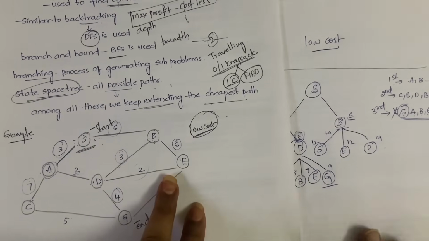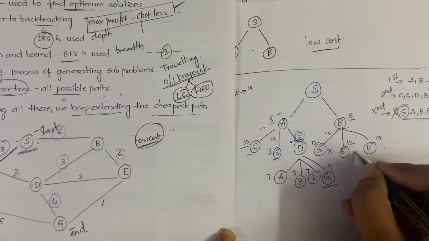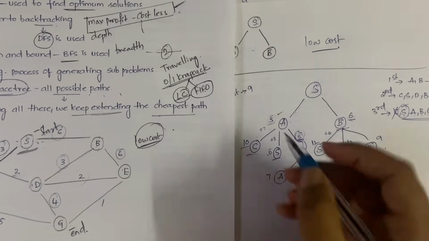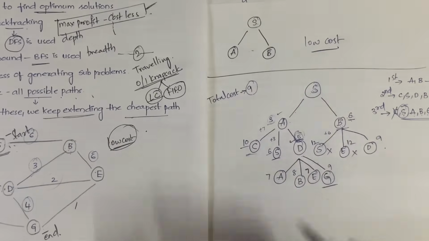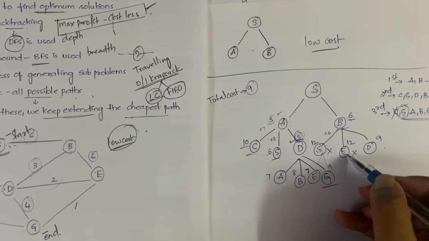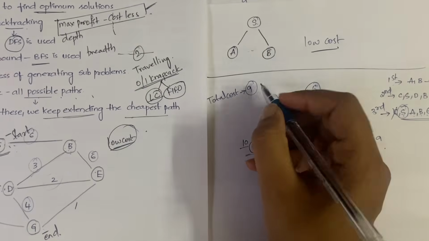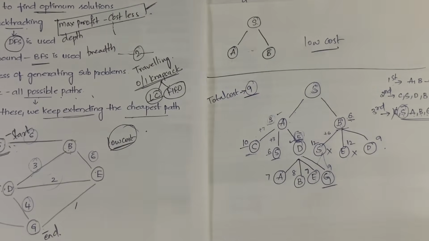Okay, so here also you can straight away eliminate S and E. Why? Because they are already greater than your total cost. You have not reached G, you still have to do further branching to reach G, right? When you do further branching, obviously the cost will increase. So you will get some value greater than 9, and you don't want that.